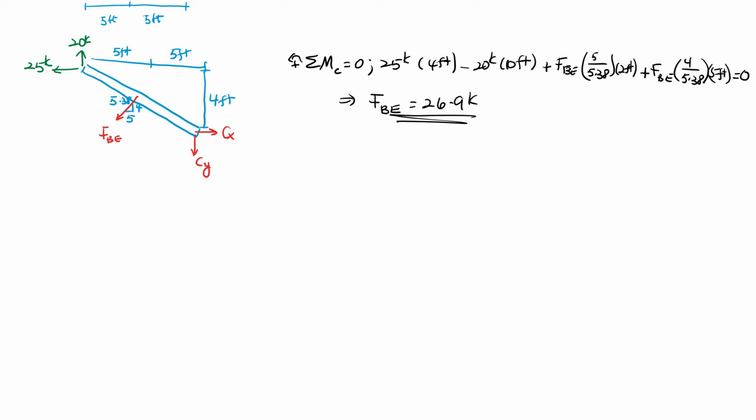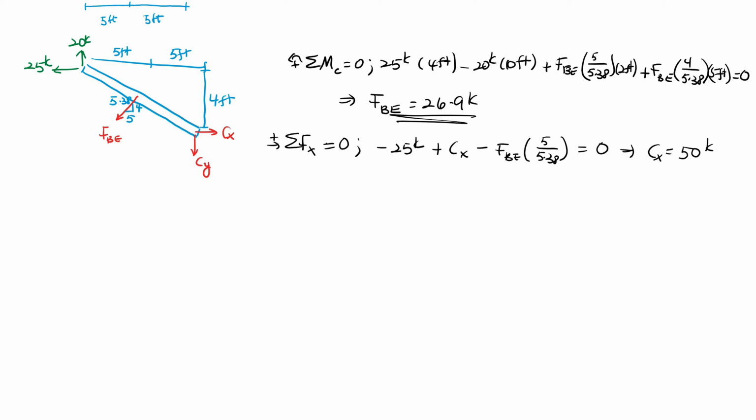Okay, so that's one of my answers. And then summing forces in the x direction equals 0. We have negative 25 kips plus CX minus FBE times 5 over 5.38. And that gives me CX of 50 kips.